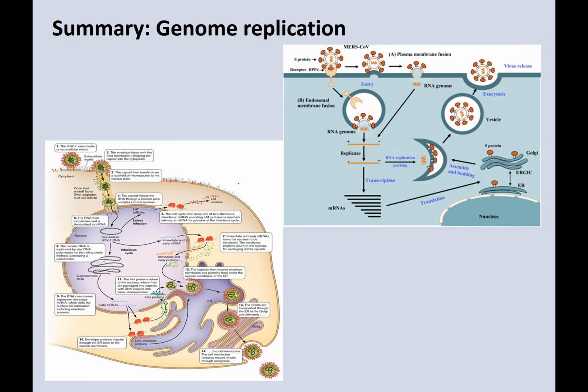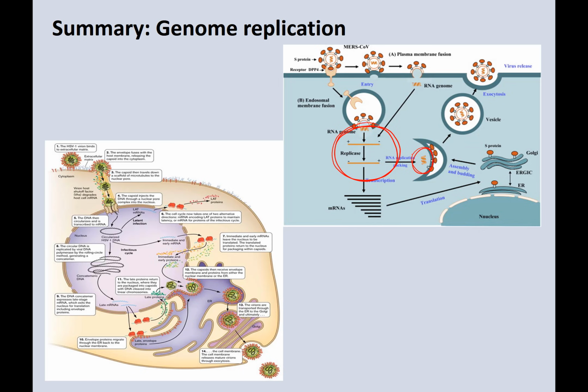So, summary. If you look at a virus life cycle or replication cycle, you see everything, right? You see entry and you see exit, and a lot of times they focus on gene expression, which is in our next lecture. But what we're talking about right here is replicating that genome so that it can get packaged.